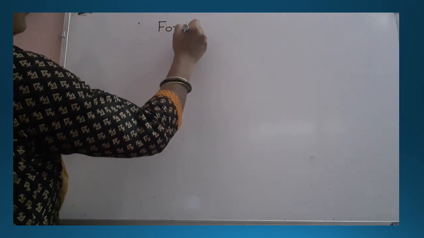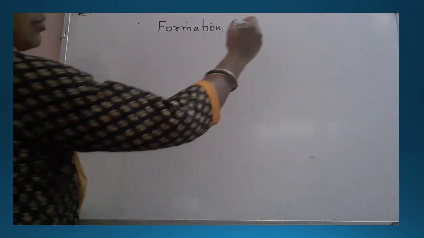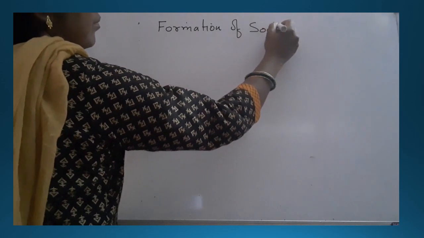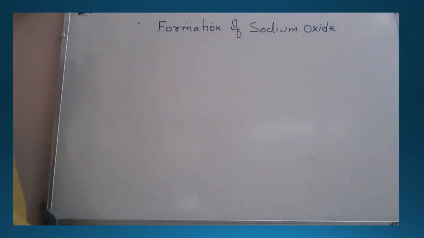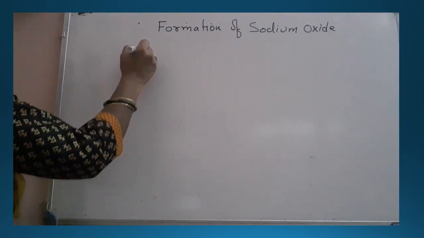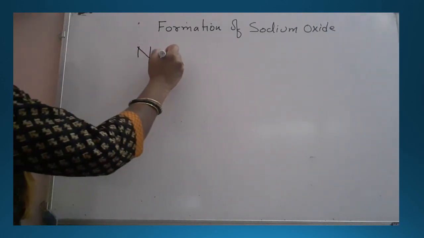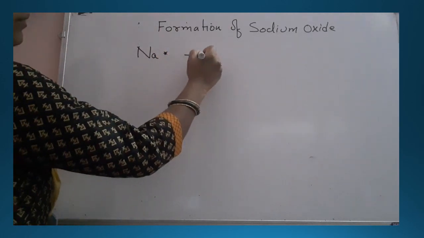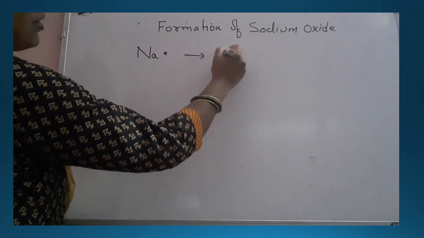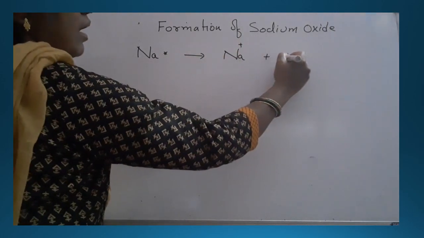Now, next example, formation of sodium oxide. Now children, once again let us recall sodium. The valence electron of sodium is 1. So one sodium atom can lose only 1 electron, and with the loss of this 1 electron, it will form Na plus ion.